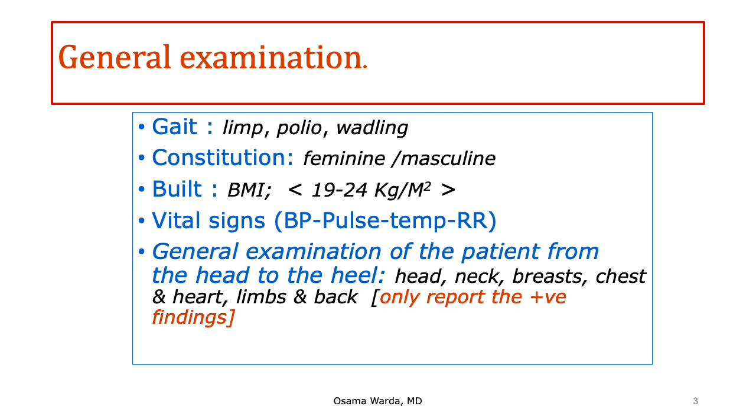Okay. The normal female body mass index is between 19 and 24. Then we measure the vital signs, including the blood pressure, pulse, temperature, and respiratory rate.